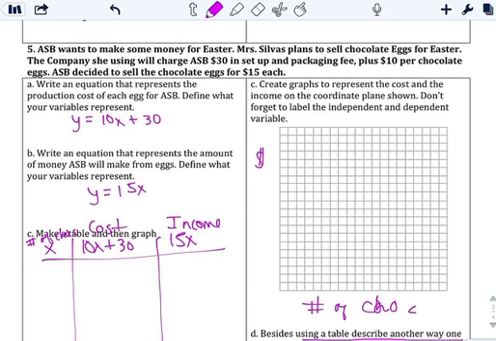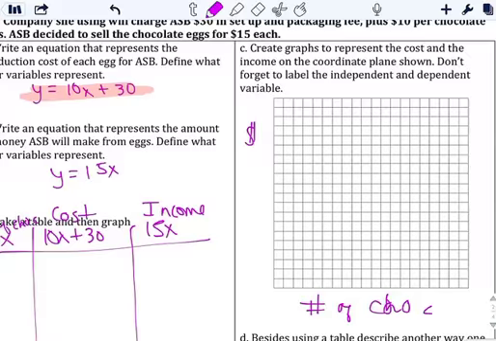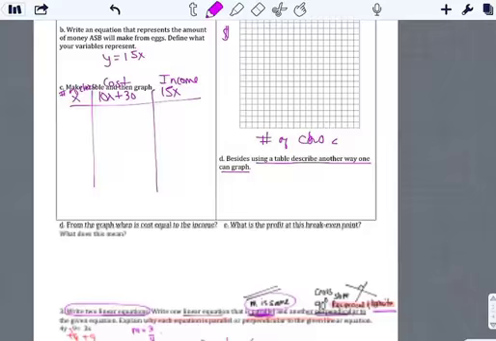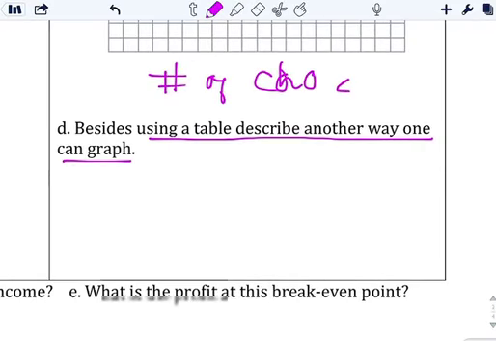What's the intercept here? 30. So you can graph. So here, besides using a table, another way to graph is using, in a complete sentence, slope-intercept form.